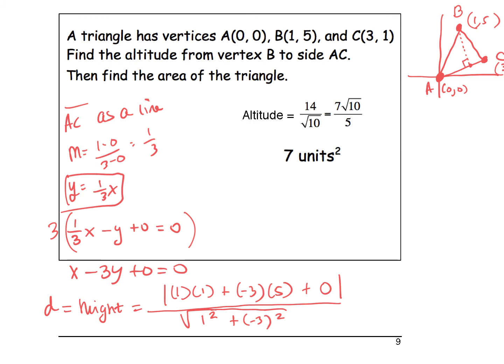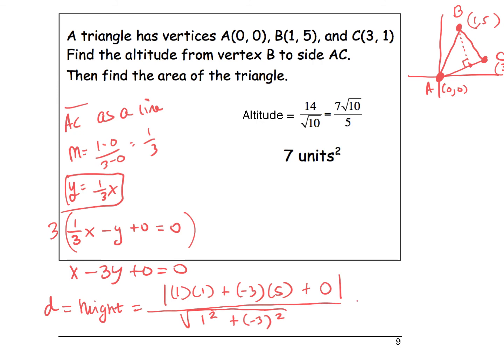So cleaning this up, 1 minus 8, -7, absolute value of that, 7, over root 10, 7 over root 10.